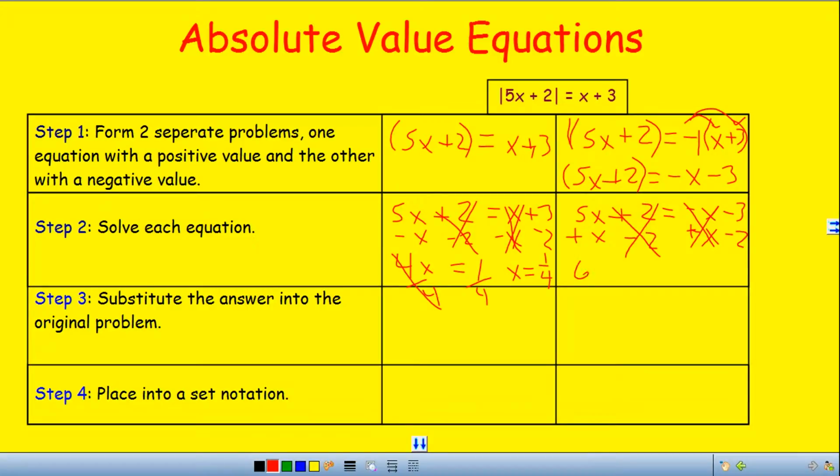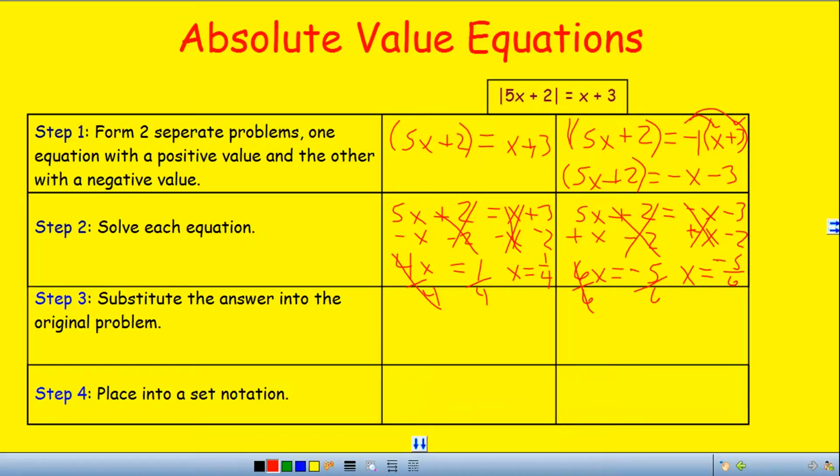So I'm left with 6x on the left, and on the right, I'm left with negative 5, because negative 3 minus 2 is negative 5. Divide both sides by 6. That cancels out. I get x equals negative 5/6.